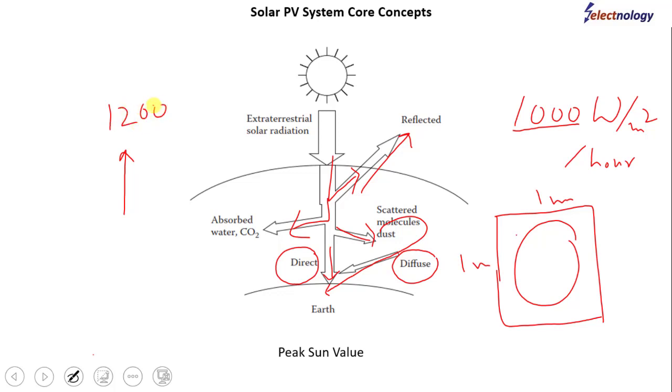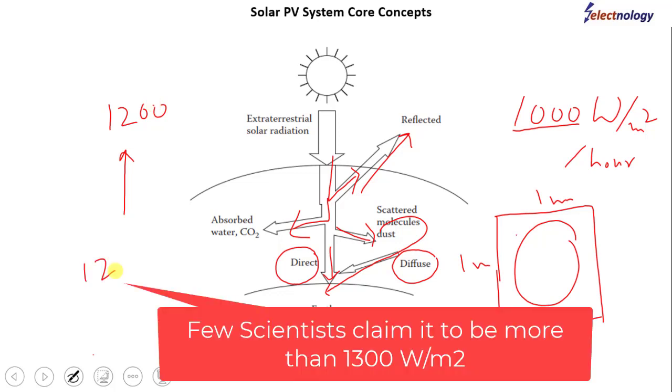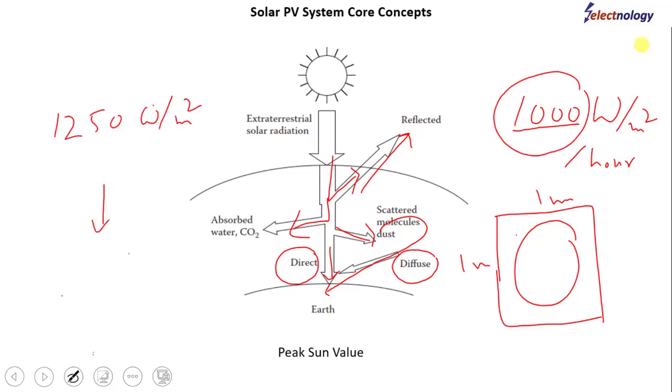The scientists have found out that the maximum energy it can reach is 1265. Obviously the sun energy doesn't remain constant at a particular location. It keeps changing throughout the day and throughout the year. It's also possible that it comes down from 1000 to 400 at a particular time of the day.